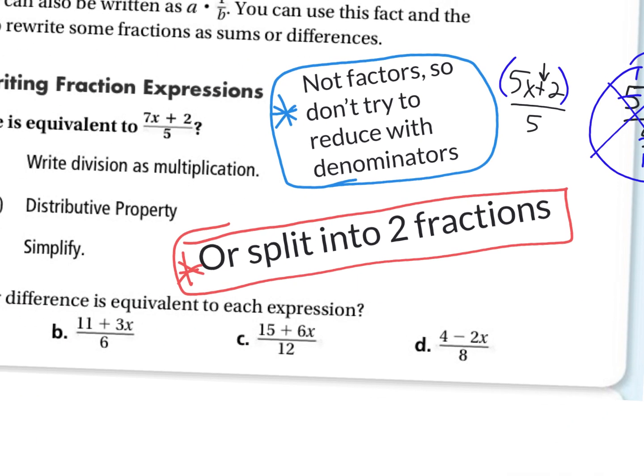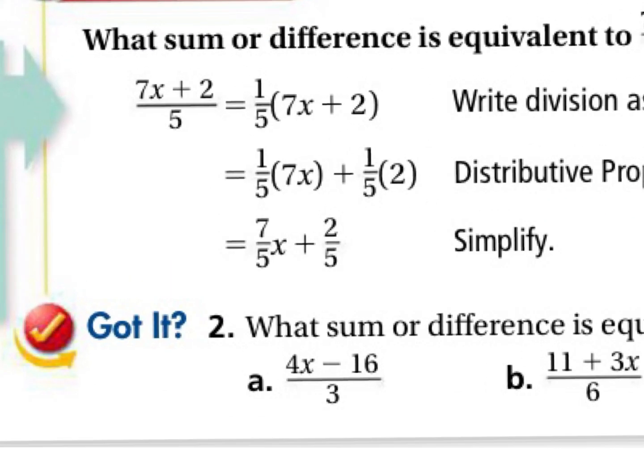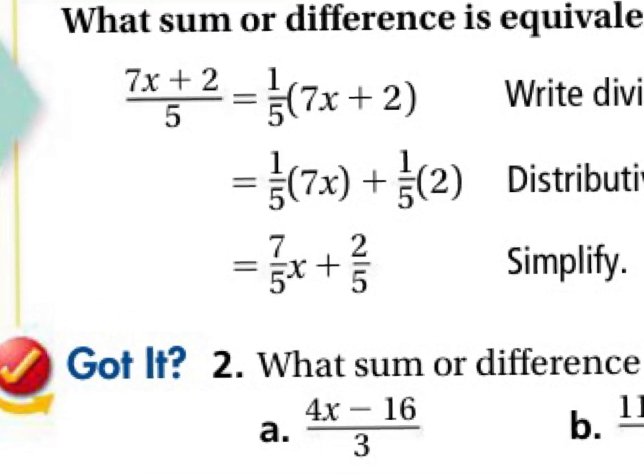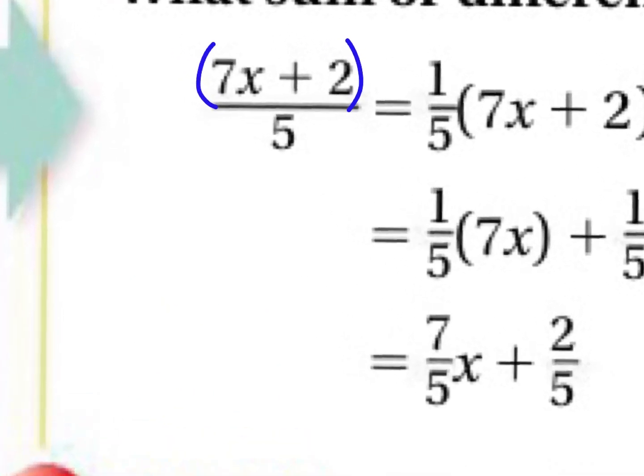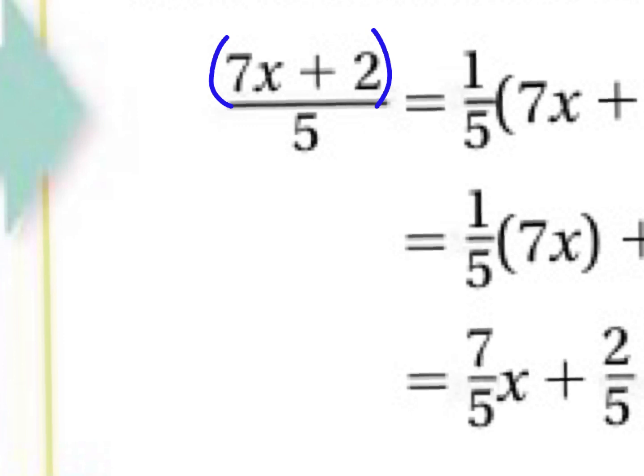So we can do this the way the book's doing. Another option is we can split it into 2 fractions. I'll show you that in a minute. So what the book's doing is they're saying, well, we're dividing by 5. It's kind of like this in a way. We're dividing by 5. You could put parentheses around that. You could put a 1 in front of it.